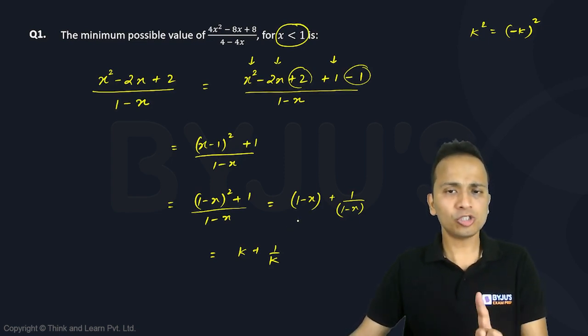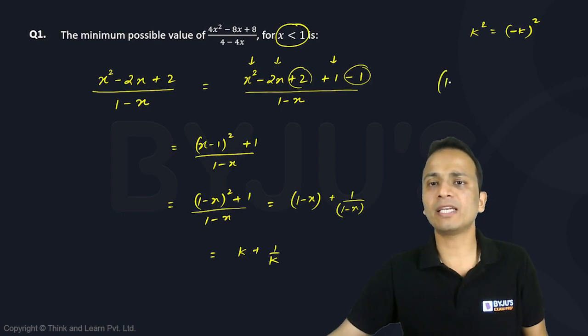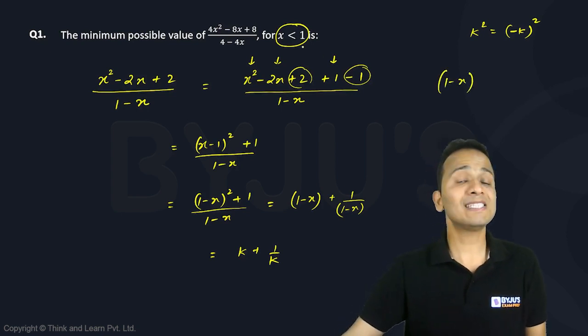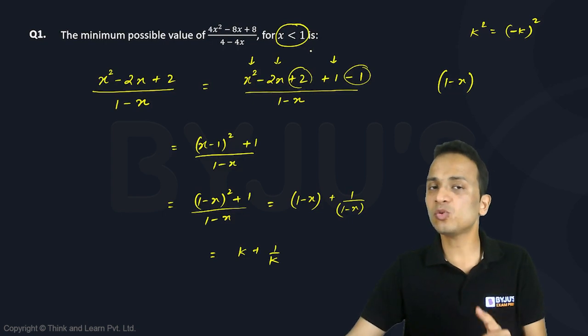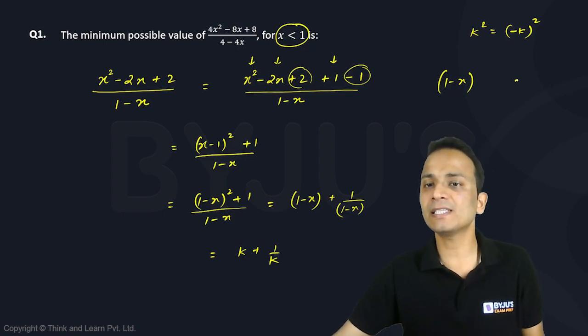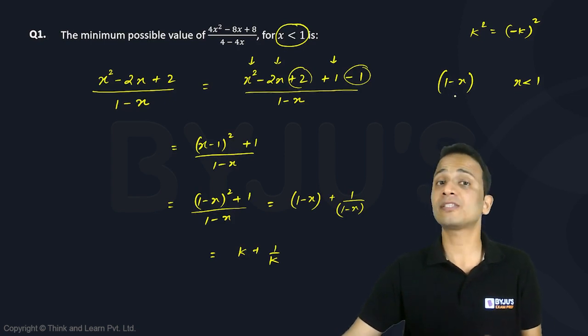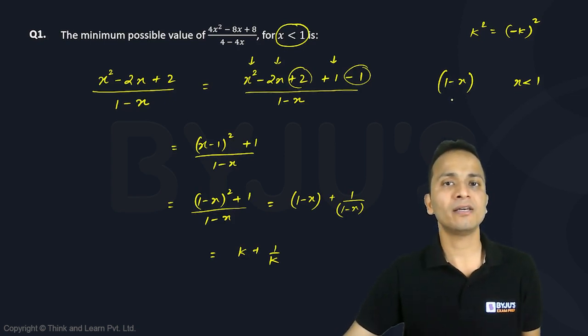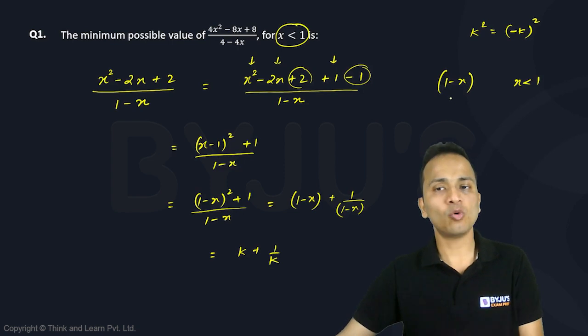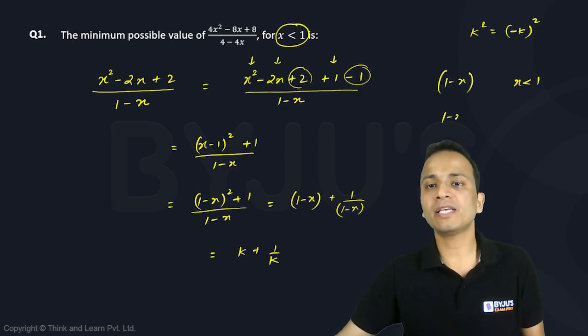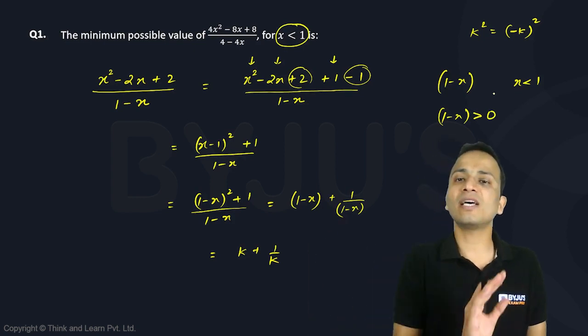Also, if I look at the value of 1 minus x, since x is less than 1, this is a very important thing. Since x is less than 1, the value of 1 minus x will always be greater than 0. Okay, so 1 minus x will always be a positive value if x is less than 1.